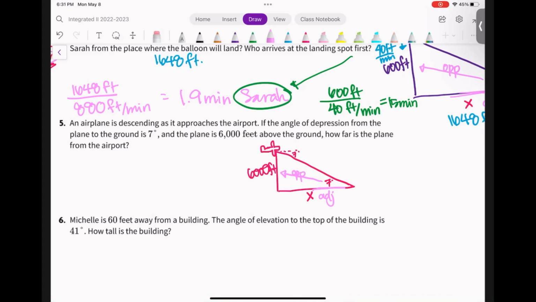So I'm going to look for which one, SOH CAH TOA, which one is it? And it's going to be TOA. So then that's the tangent of 7 degrees equals 6,000 feet divided by x.